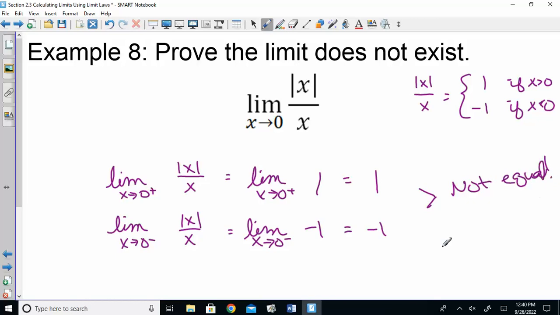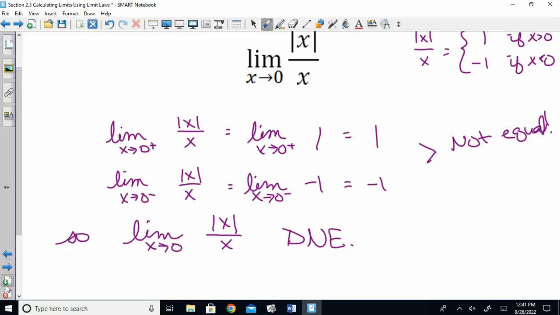So what does that tell me about the two-sided limit? We can do one-sided limits, but not the two-sided here, because they have to match up. Since the left and right take me to different numbers, we cannot do the two-sided.